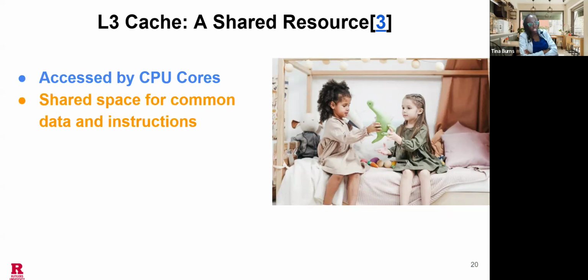It's a good common space for data and instructions that are going to be common among a lot of processes, like get, retrieve, store this information here, whatever the case may be. So this will be really good for making sure that you have access to those items. And of course, it's going to improve your CPU efficiency.